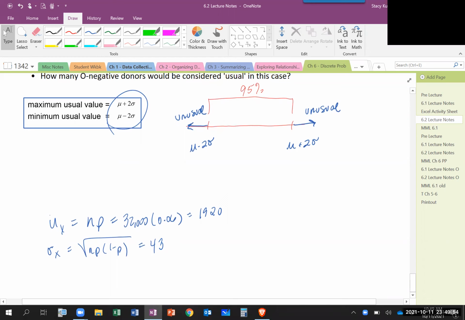So the minimum number of donors to be considered usual is going to be 1920 minus 2 times 43. That's the mean minus 2 times the standard deviation. What do you get? 1834.